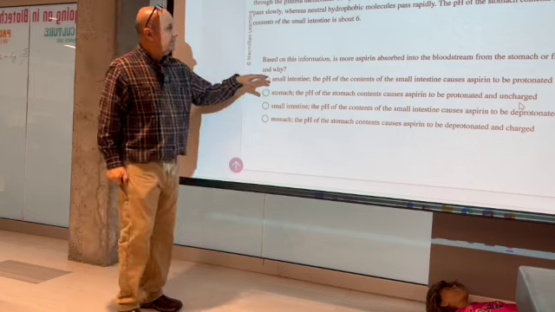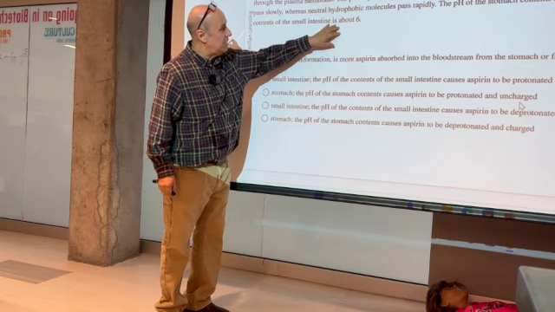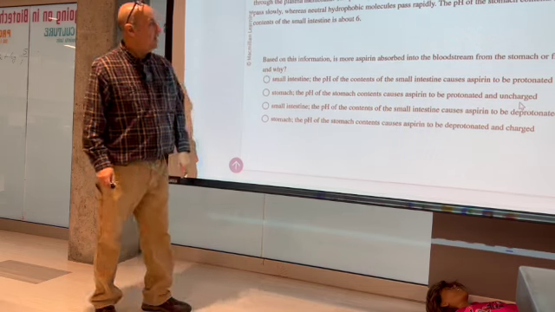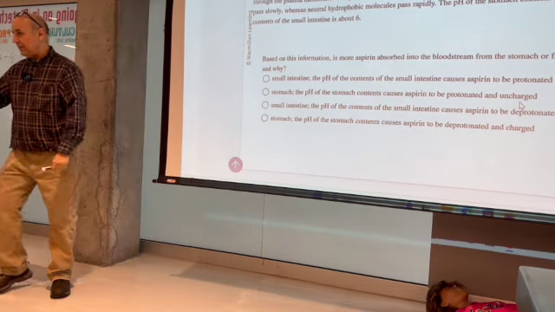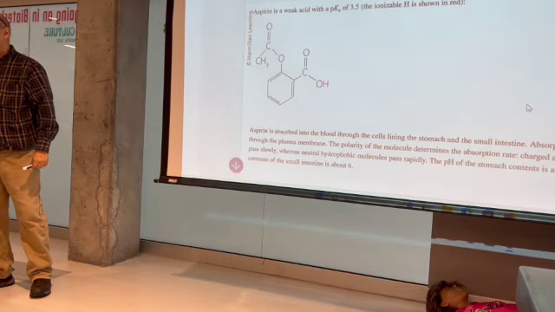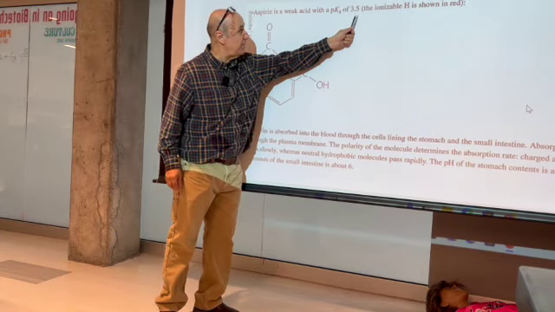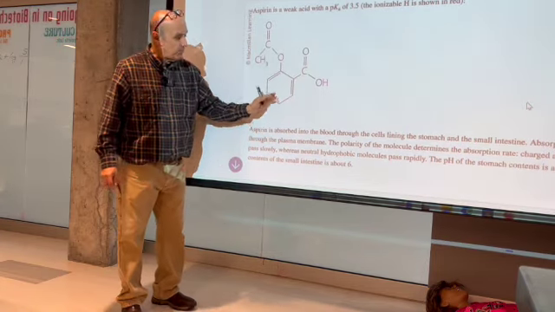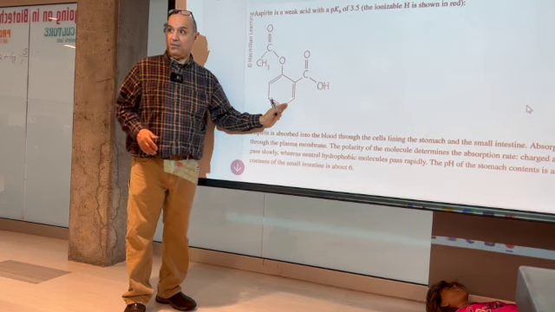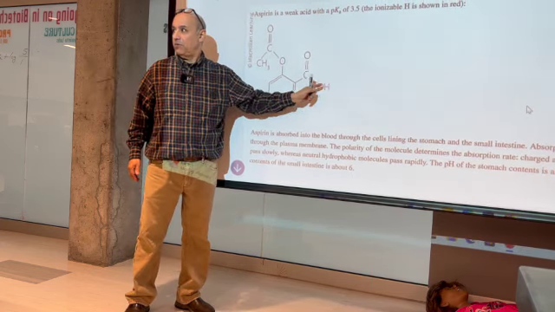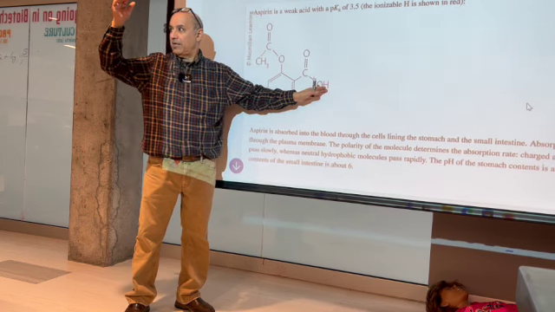Knowing that the pHs in these two different organs, the stomach is 1.5 and 6 in the small intestine, and knowing that this guy has a pKa of 3.5, at a pH of 3.5, you're going to have 50% with that H there and 50% with that H gone, right?